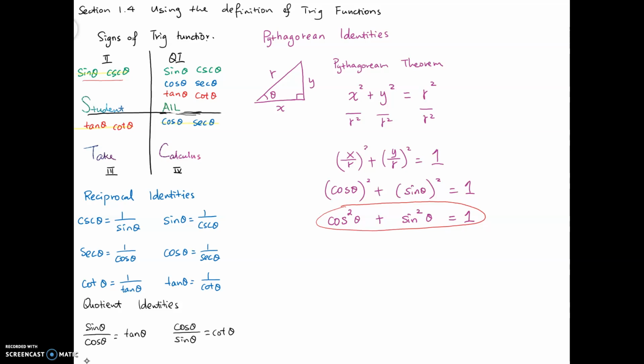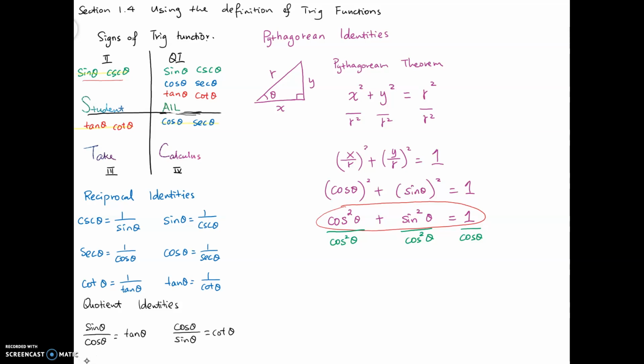From this point, I have sine and cosine, but I also want to involve tangent and cotangent. So what I'm going to do is create tangent by dividing everything by cosine square theta. Because we have a relation that says tangent theta can be defined as sine theta divided by cosine theta.